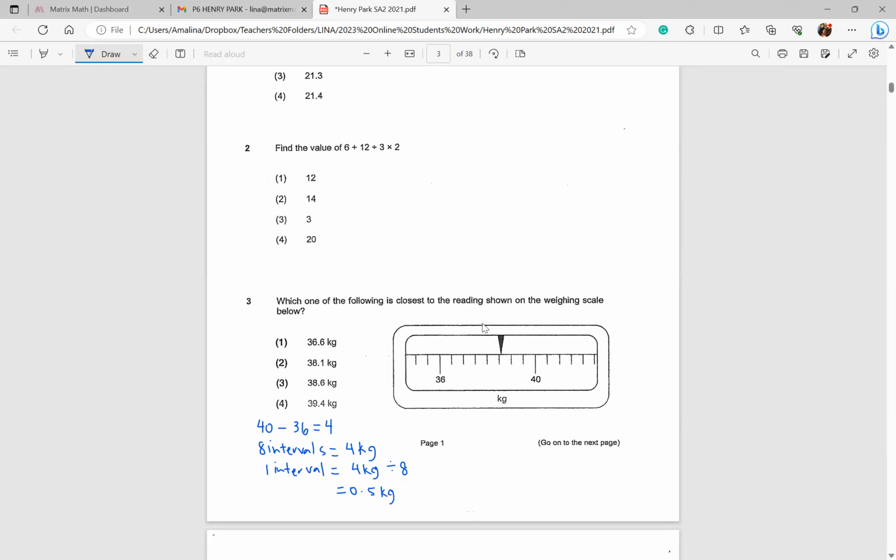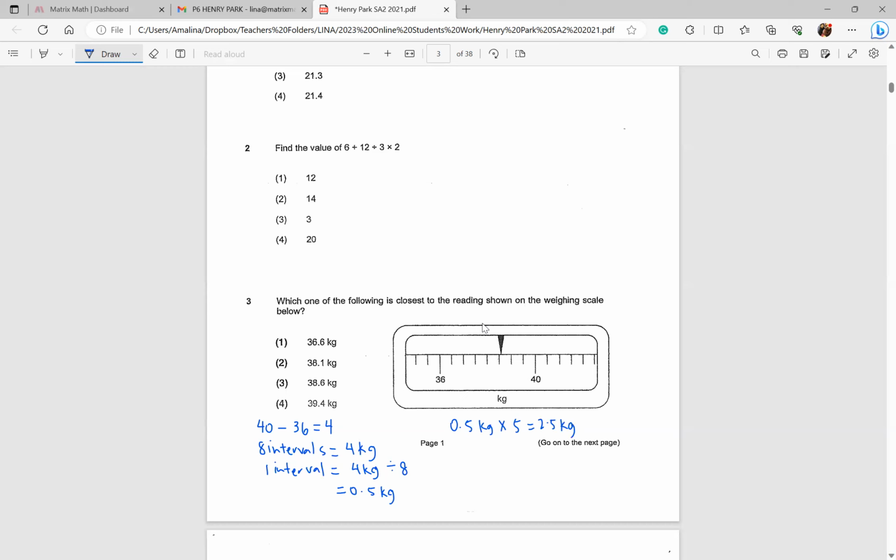Okay, 0.5 kg means that every one gap here is plus 0.5. Now I count from 36 to this arrow. You count the gaps. So there's 1, 2, 3, 4, 5. There's 5 gaps, which means 5 intervals. So I take 0.5 times 5. I get 2.5 kg.